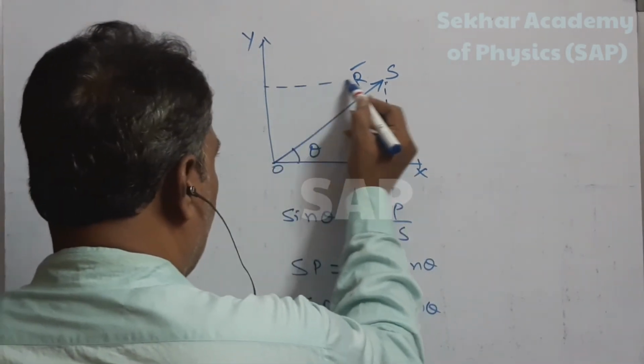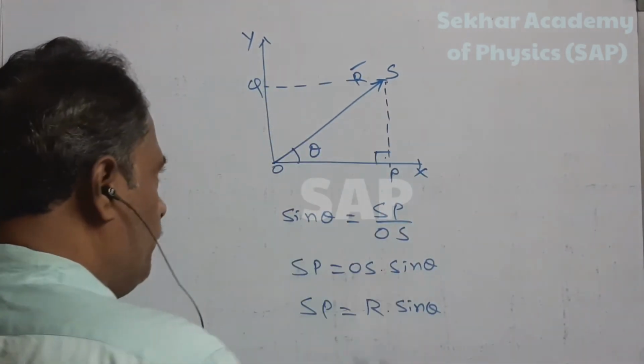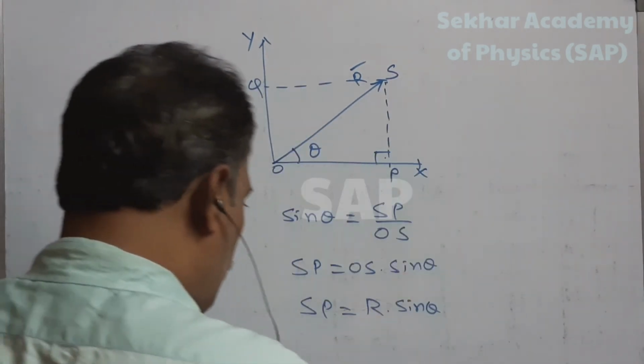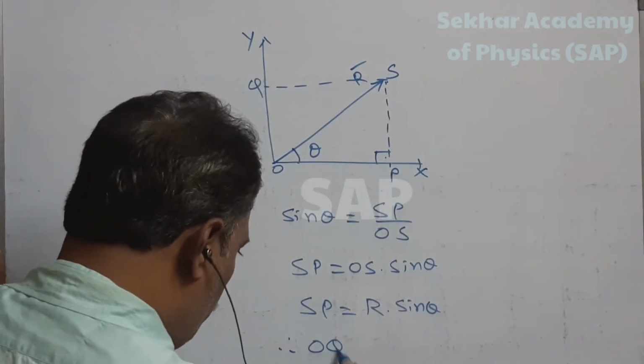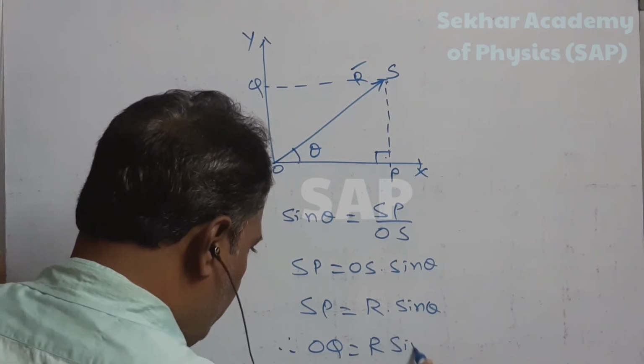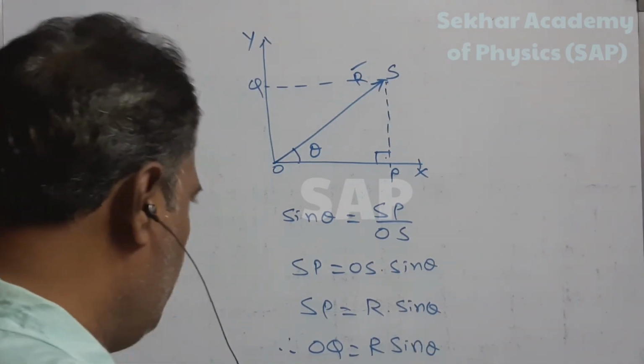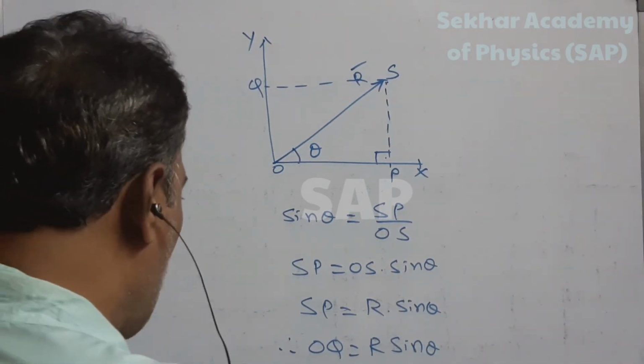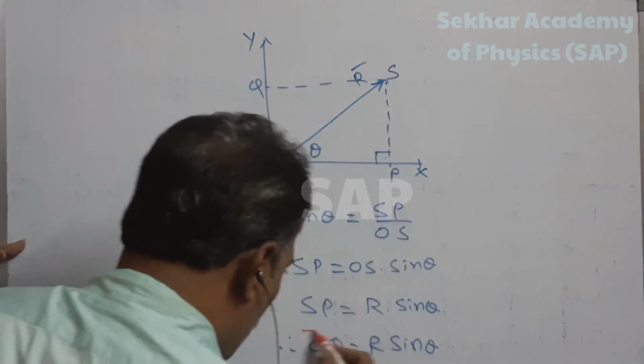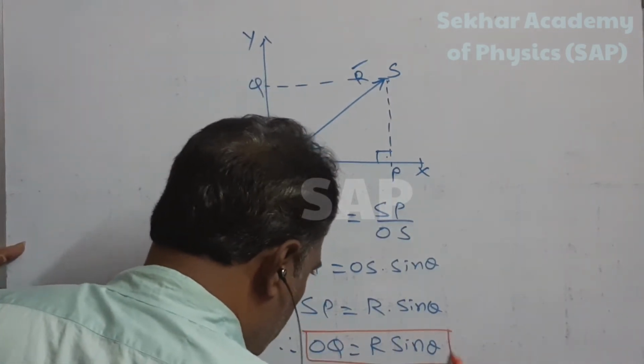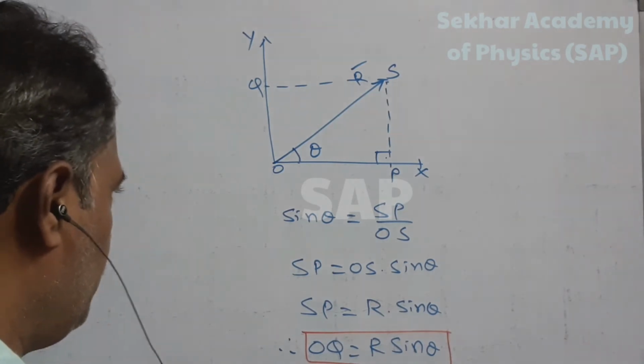According to this diagram, let it be Q, SP is equal to OQ, therefore OQ is R sine theta. That means one component of that vector, OQ, is equal to R sine theta.